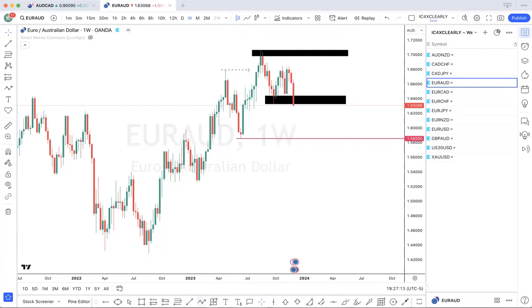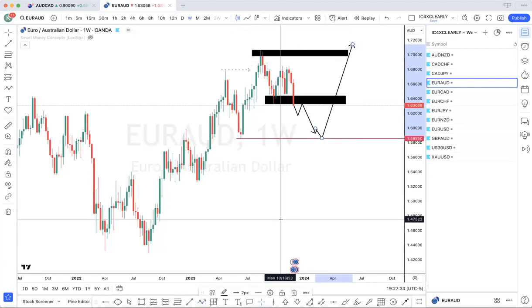So my guess is price is likely going to either come into this area of demand, and then possibly continue to the upside.